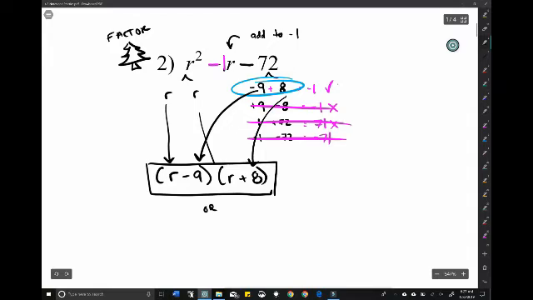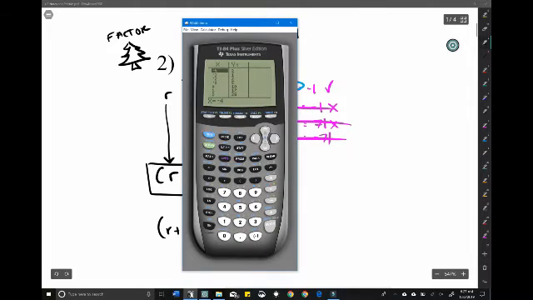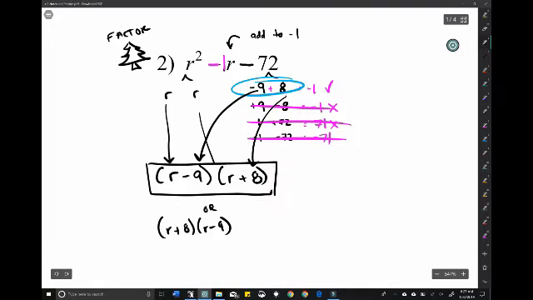You could also have it as r plus 8 and r minus 9. I will not take off points, it does not matter what order you have them in. You're going to need to know your multiplication tables for those. I might show you a shortcut in a little bit to help you know the factors of your numbers.